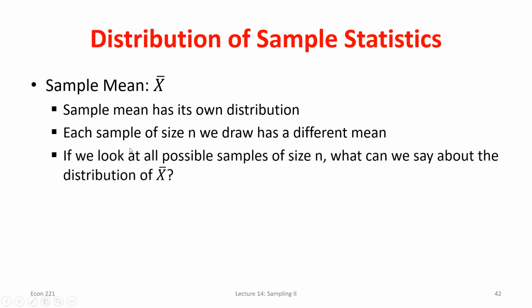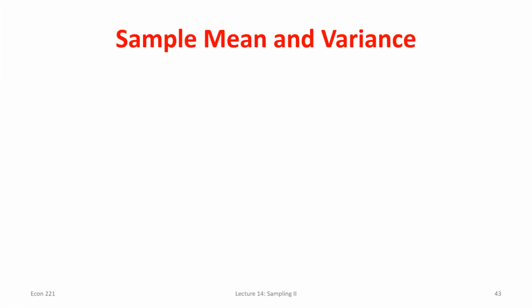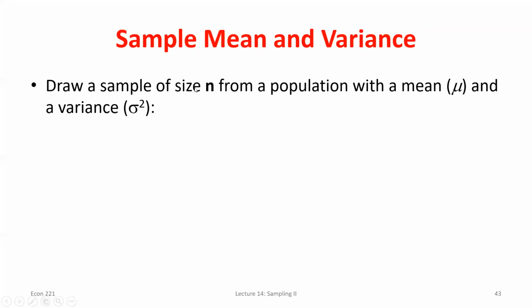So if we're able to look at samples of the same size, like my idea of 1,000 samples of size 100, what's that distribution going to look like? What ends up being true is that from a sample of size n, if I had a population mean and a population variance, the mean of my sample means will always be the population mean.